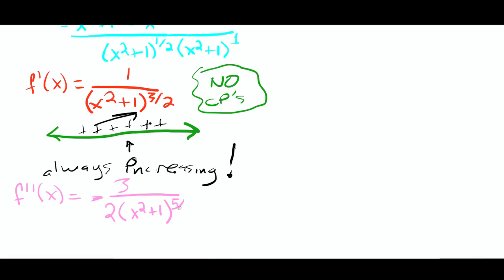So if you bring it to the bottom, it would be positive 5/2 at the bottom. Okay, and then times the derivative of the inside, which would be 2x.